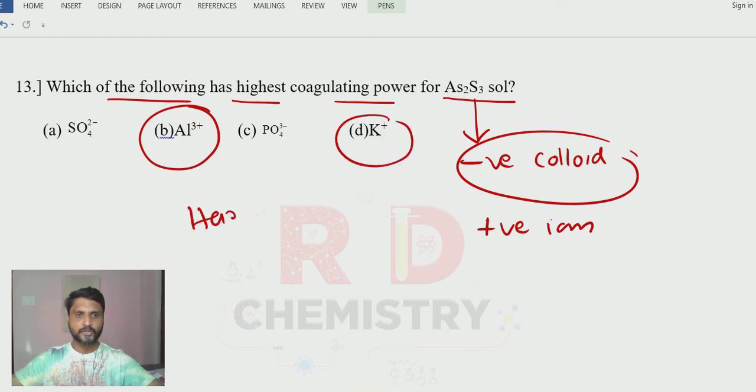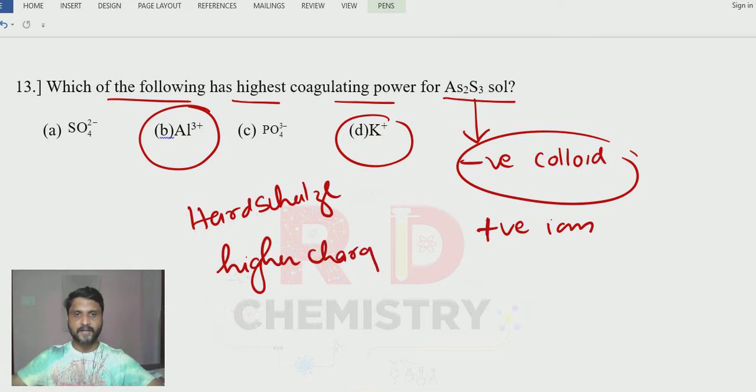According to the Hardy-Schulze rule, the greater the valency or charge of the active ion, the better its coagulating power. Therefore, aluminium is the better one to coagulate this negative colloid. So option number B is the answer. Clear?